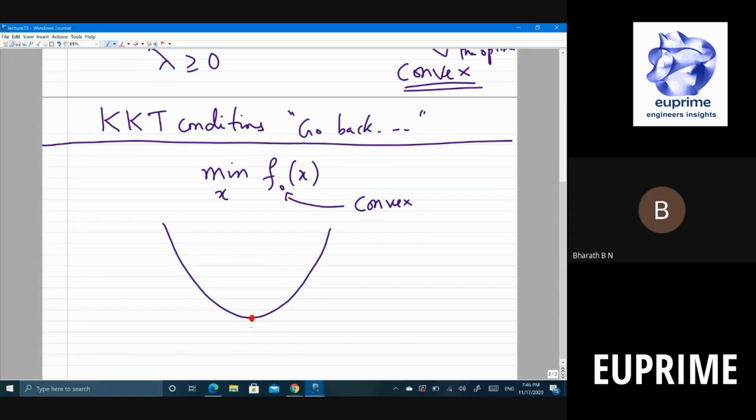Let me call this x star, and the corresponding value will be f naught of x star. This is the best. You take any other point, let's say x dash, then f naught of x dash is always larger than f naught of x star. Let's also assume that it is differentiable.